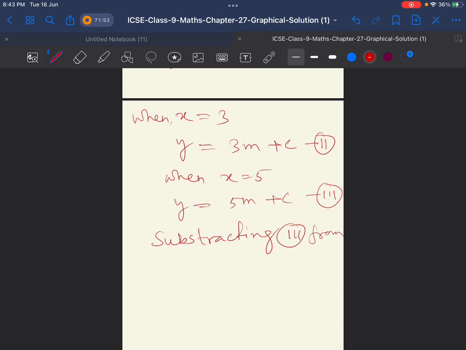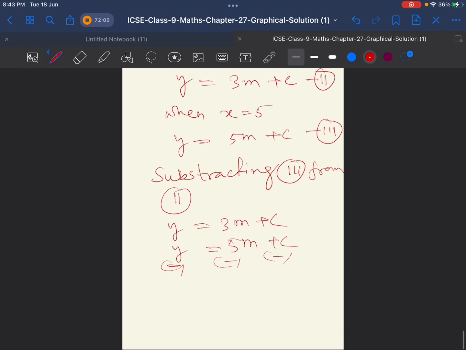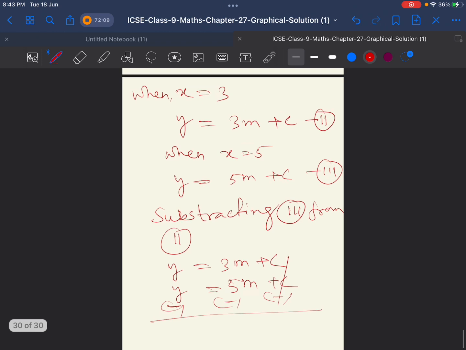Now subtracting 3 from 2, we get y equals 3m plus c, y equals 5m plus c.